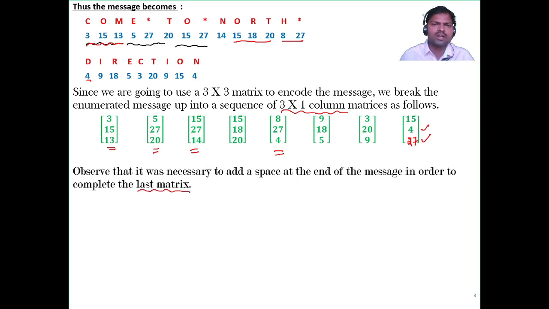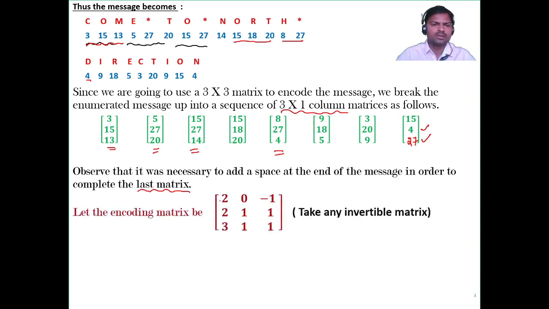So likewise, I have to create a data matrix. Next, let the encoding matrix be this one. This is my encoding matrix, a 3 by 3 matrix. Here, there is no need to take this particular matrix. You can take any invertible matrix. It can be 2 by 2, 4 by 4, 5 by 5, 6 by 6.